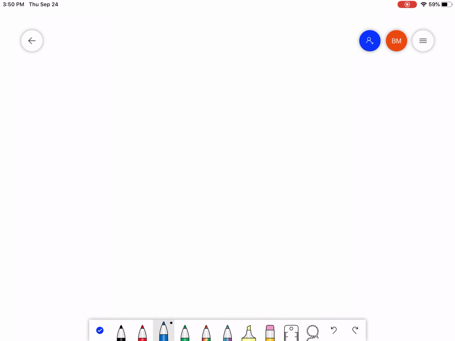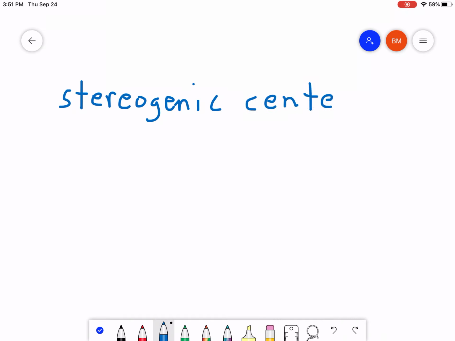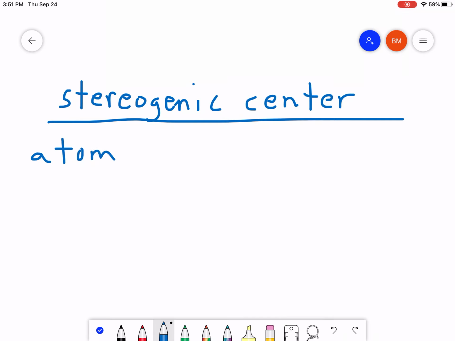One thing that we can look for that'll help us identify whether a molecule is chiral or not is to look for the presence of a stereogenic center. Okay? Stereogenic center is going to be an atom, and for our purposes, it's almost always carbon, but it can be other atoms.